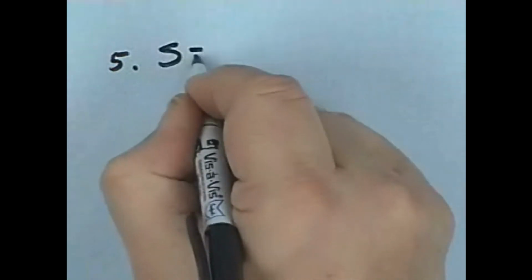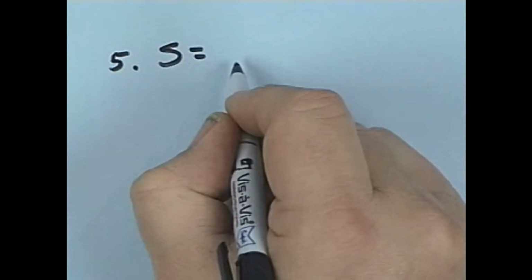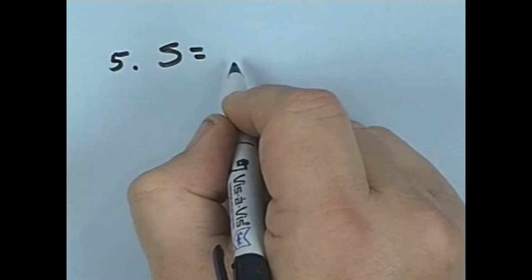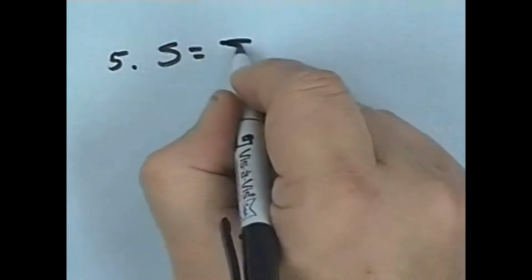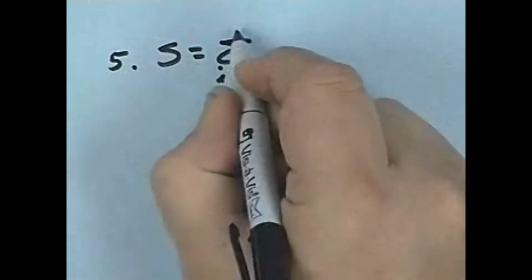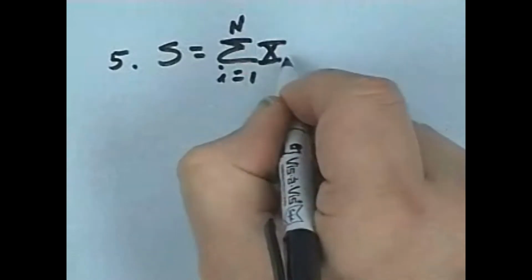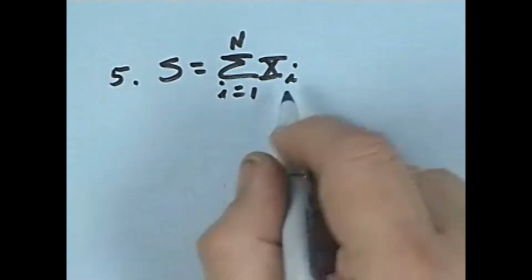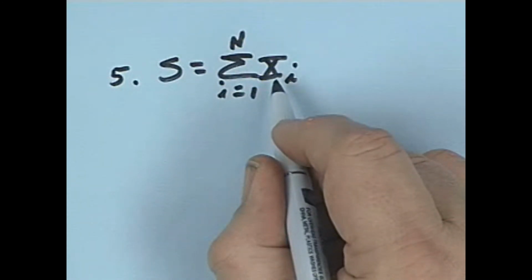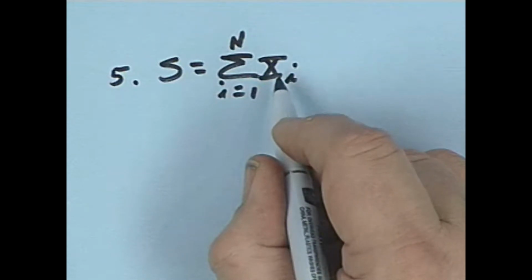The idea is that we have a random variable, and this is the summation. And each one of these random variables is IID and distributed as an exponential random variable.